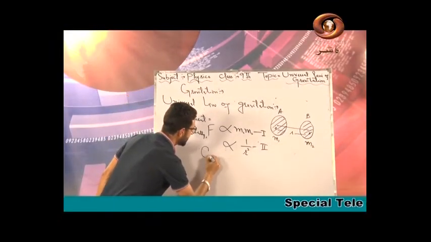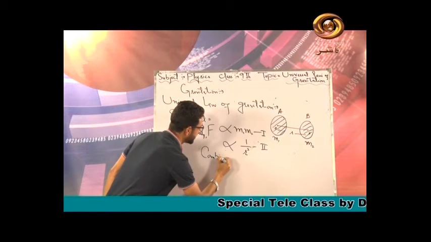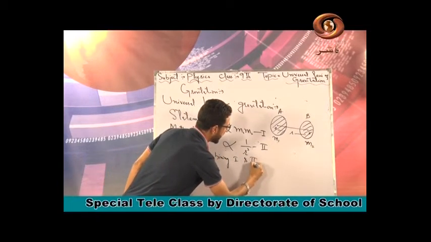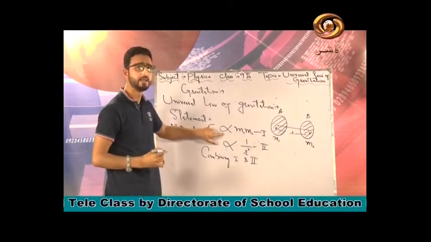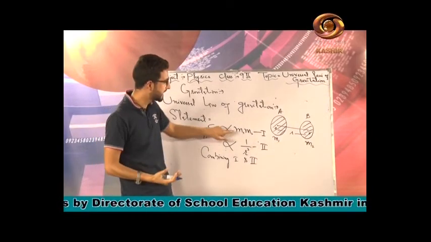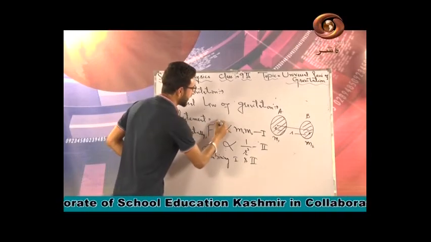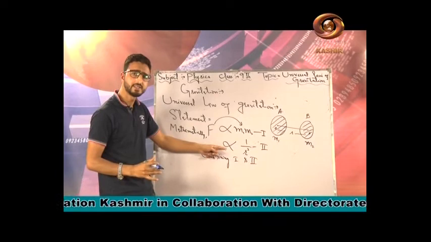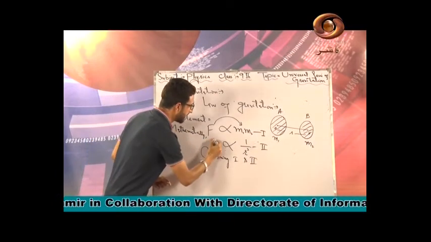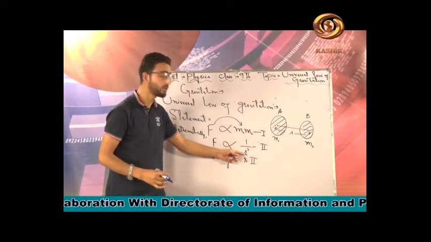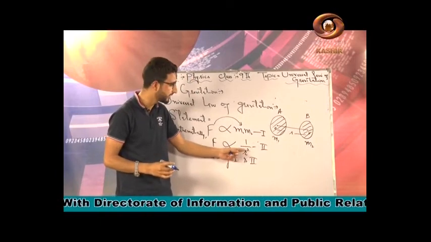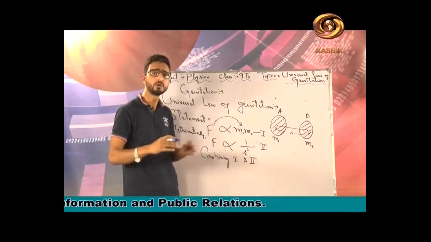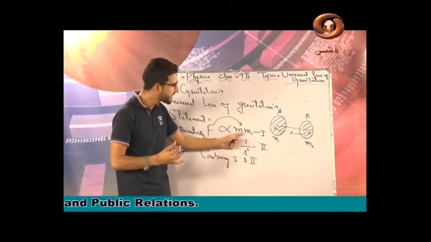If I combine the two, combining first and second, I will get, what is this basically? It is the sign of proportionality, and this implies it is directly proportional to the product of the masses. Once again it is the sign of proportionality, but this reciprocal relationship shows the force of attraction is inversely proportional to the square of the distance. What does this mean?